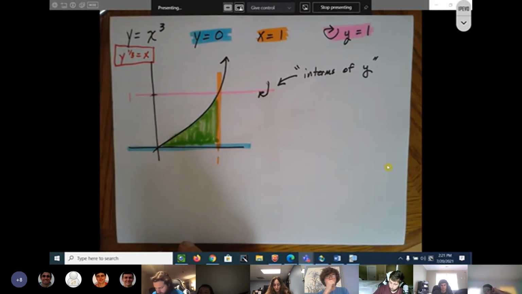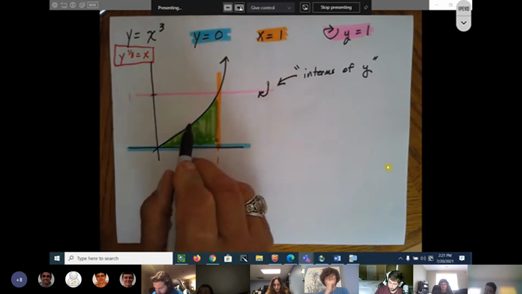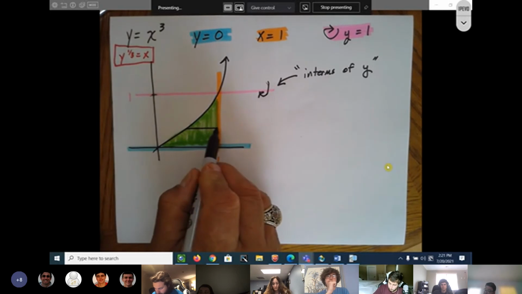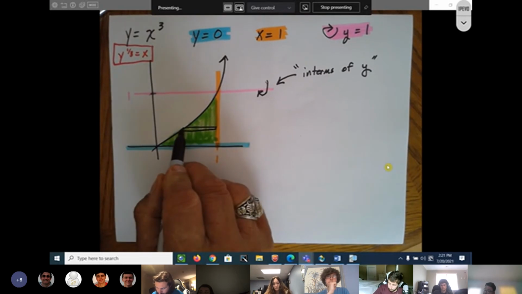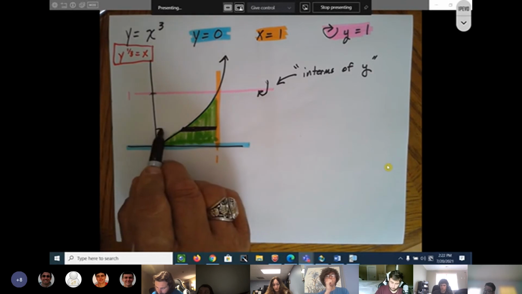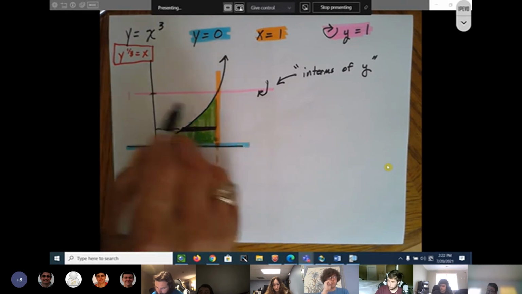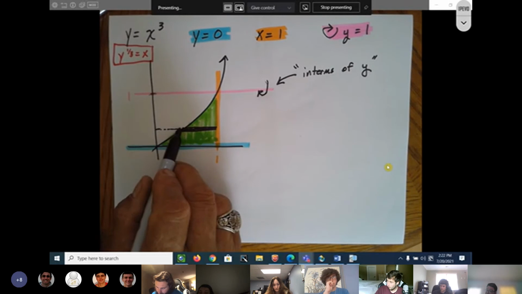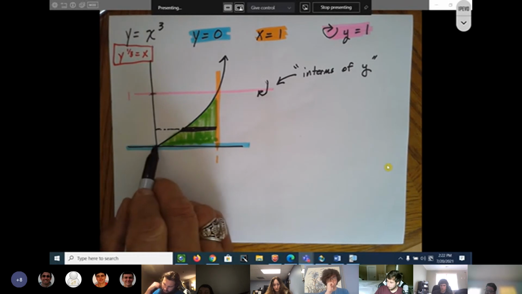So that's technically my function, and we're going to revolve around, so I'm going to draw that right there, and it's going to revolve around the y-axis. It's going to start down here.